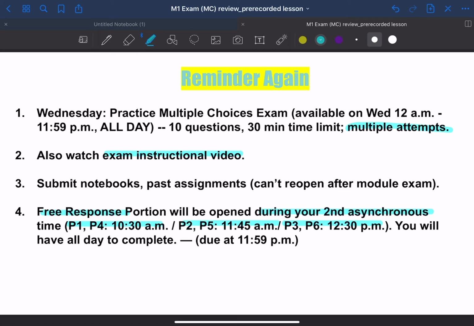So first, second, and third period, you guys will have the entire Thursday to complete your free response, but it's due at 11:59 p.m. And period 4, 5, 6, it's due on Friday 11:59 p.m. Okay, so that's it. Good luck, and then please study hard, and then make sure you practice a lot with the multiple choice exam. It will be open on Wednesday. Thank you.